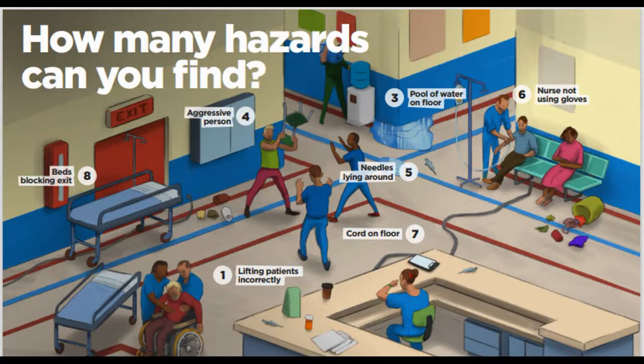The fire door must always be closed, because the purpose of a fire door is to restrict the fire, to prevent the fire from spreading. So it must not be blocked.